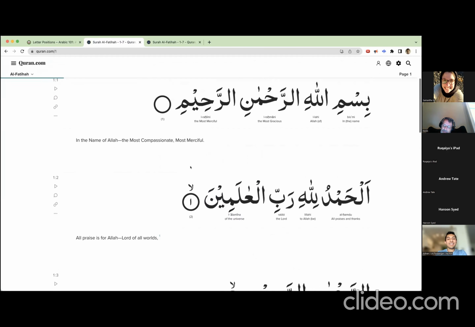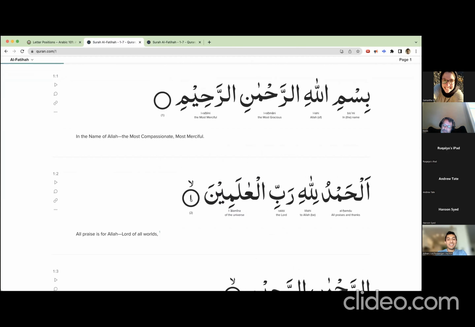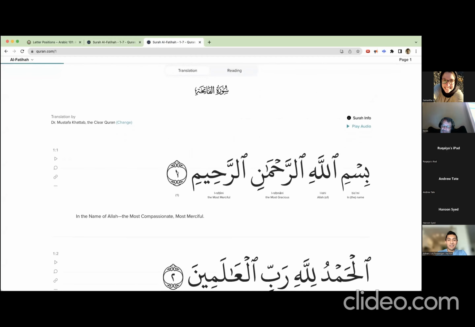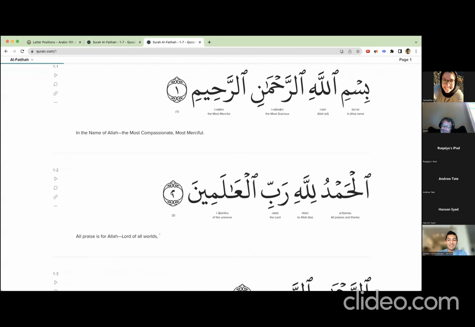And the annoying part is that the verse numbers are different between different scripts. So here, Bismillah doesn't have a verse number, and Alameen is verse number 1. You look here, Bismillah is written as verse number 1. And then Alhamdulillah Rabbil Alameen is verse number 2.